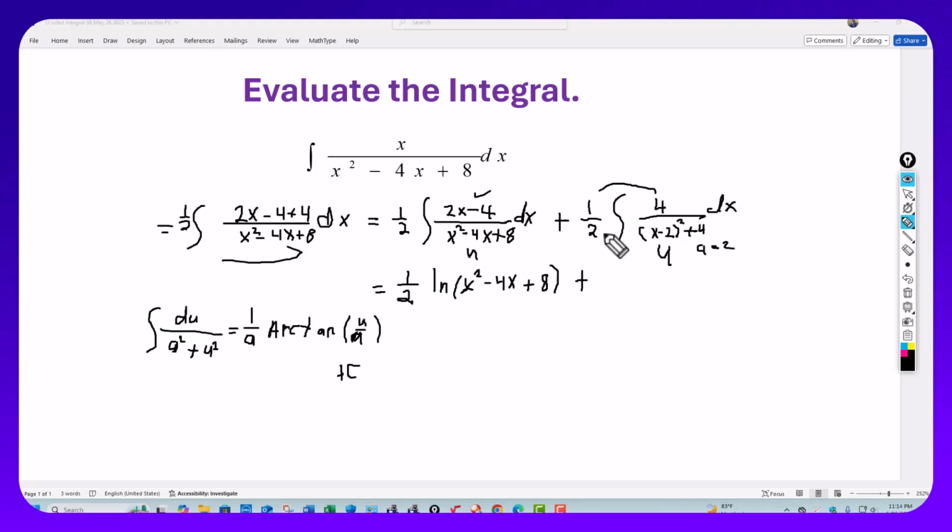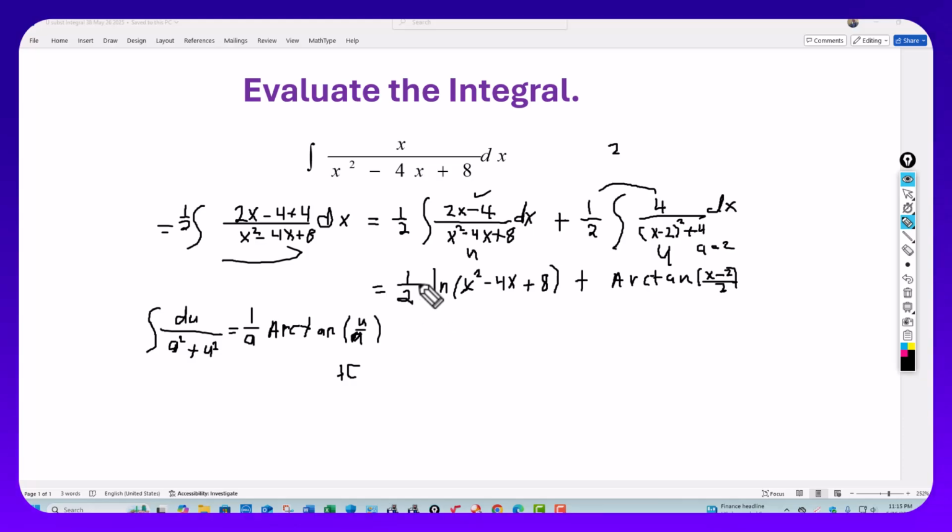So it becomes 4 over 2, which is 2. And then over here, by the formula, that coefficient is divided by a. In our case, like I said, a is 2. So 2 into 2 is 1. So this is going to give me then arctan, or tangent inverse, of u over a. So in our case, the u is x minus 2.